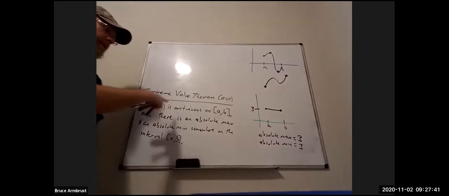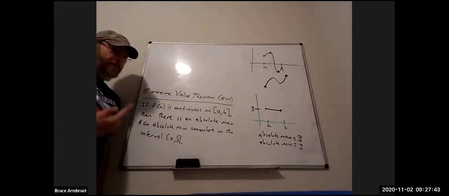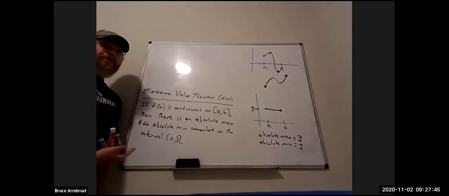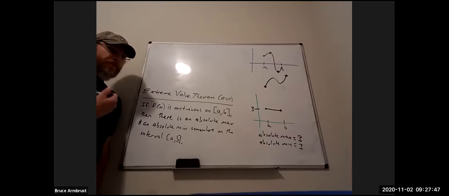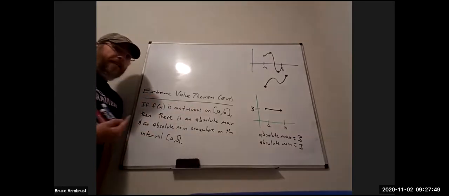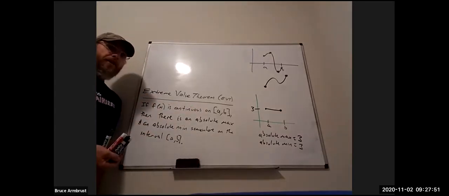Okay, but the extreme value theorem tells us what guarantees having extrema. We can have extrema on a closed interval if the function is continuous. Now, if the function's not continuous, you can see why we might not be able to have extrema. Think about some of the discontinuities.